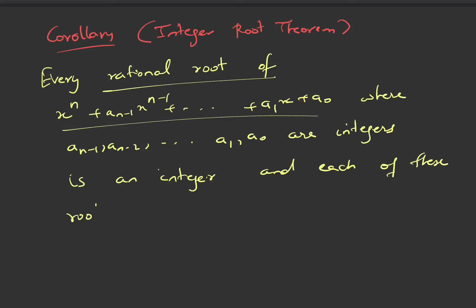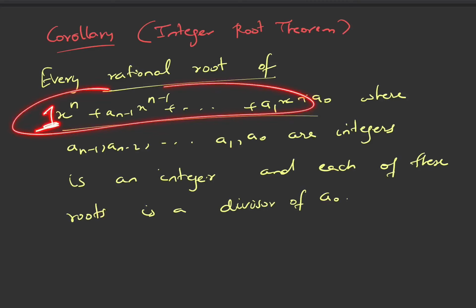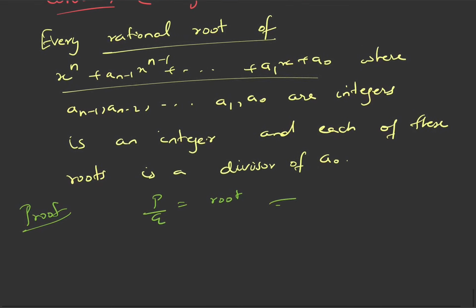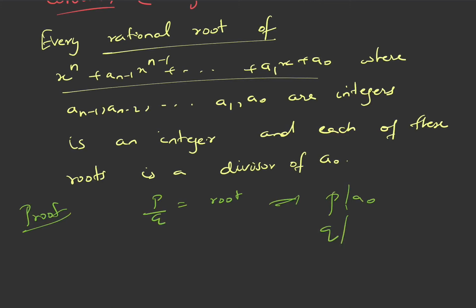and each of these roots is a divisor of a naught. So this is very clear, right? Here we have a polynomial equation whose leading coefficient is 1, right? So you can easily prove it. Say p by q is a root of this equation.